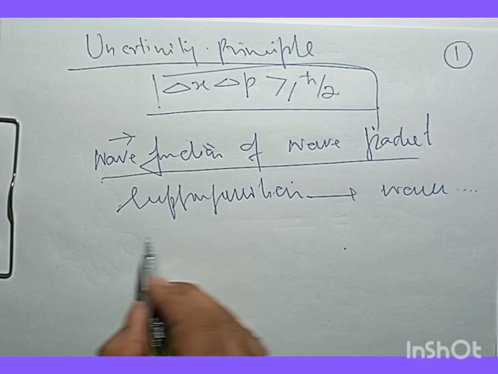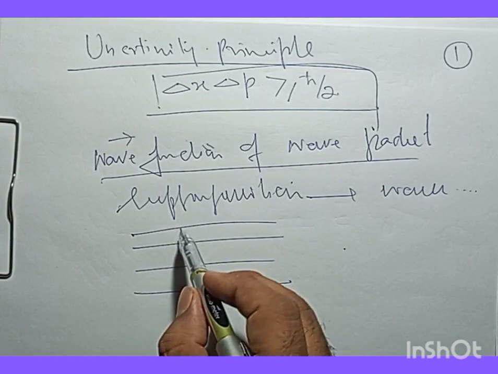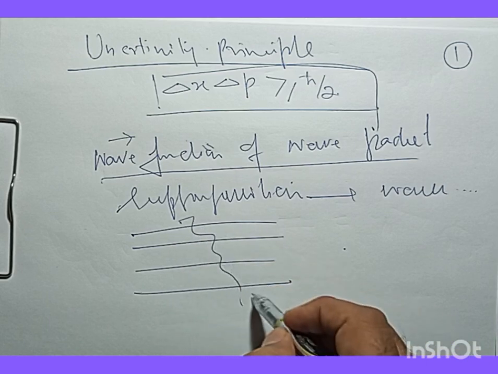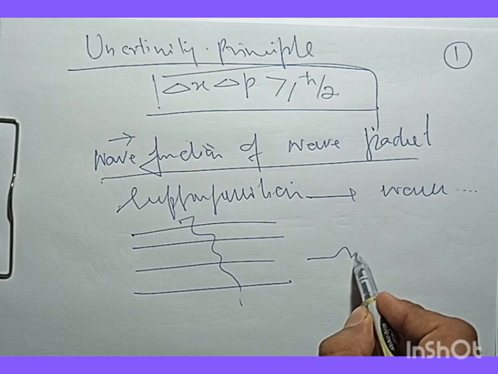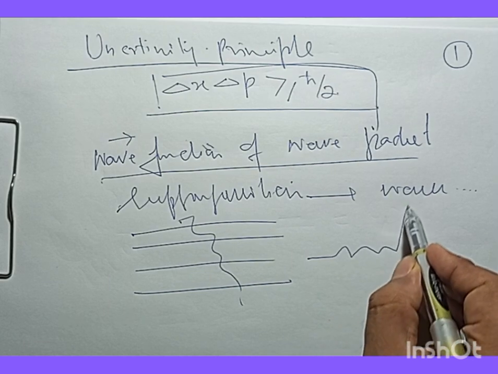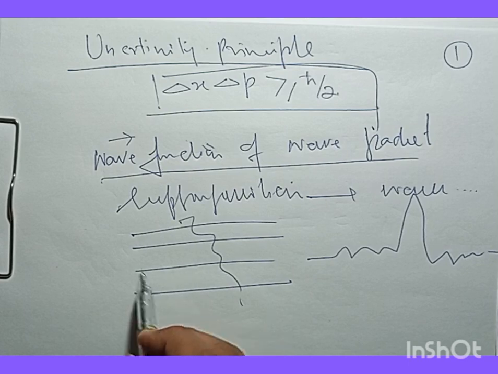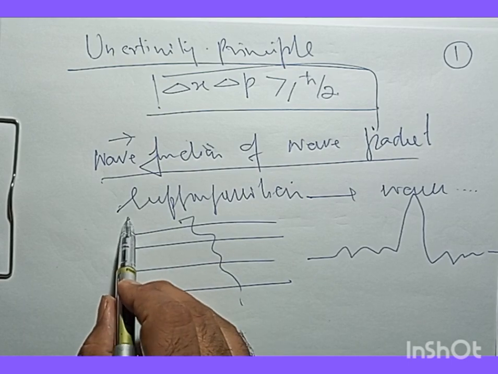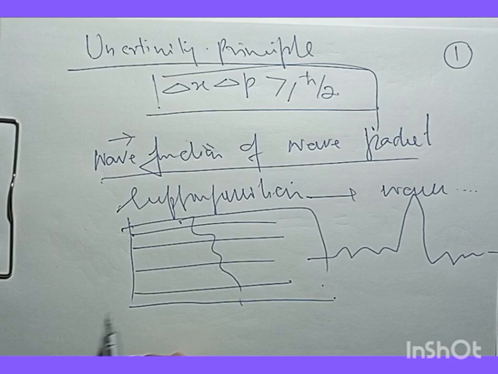Let's assume that there is a superposition between the waves, and this superposition leads to a wave packet. We can think of a wave packet like this. And we can mathematically translate this superposition of waves in terms of a Fourier transform.